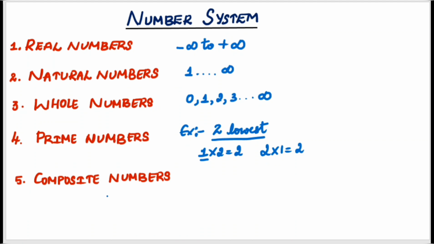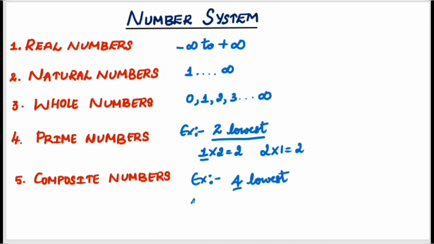Let us move on to the next number system, that is composite numbers. What are these composite numbers? Numbers that have more than two factors. Let us solve one example, that is 4 is the lowest composite number. How is 4 a composite number, that we will study.